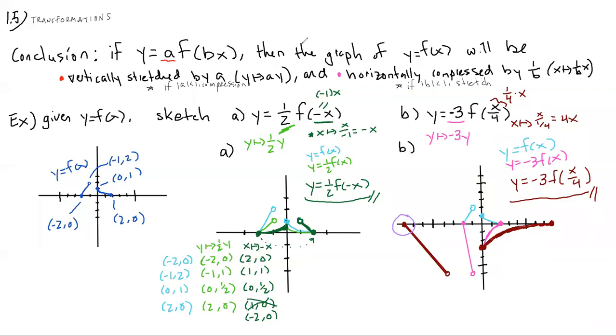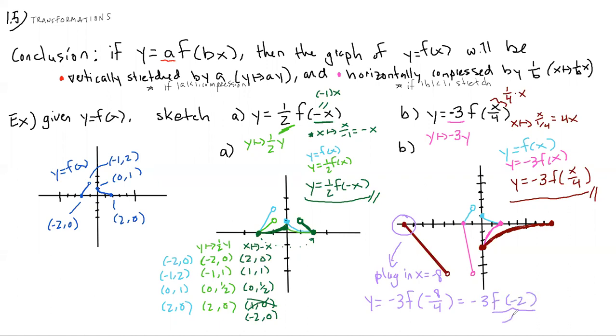Actually, yeah, the 0 is fine. So if we look at this and we want to plug in x equals -8, so what I would have is y equals -3 f of, plug it in for the x into this function, not the original one, -3 times f of -8 over 4, which is -3 f of -2.